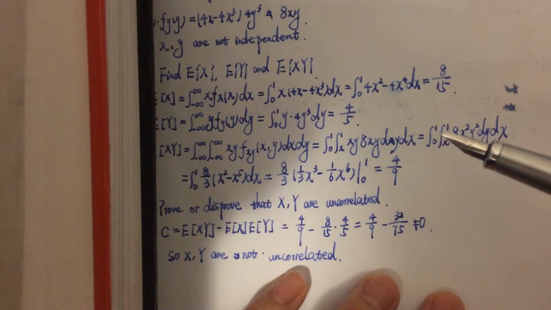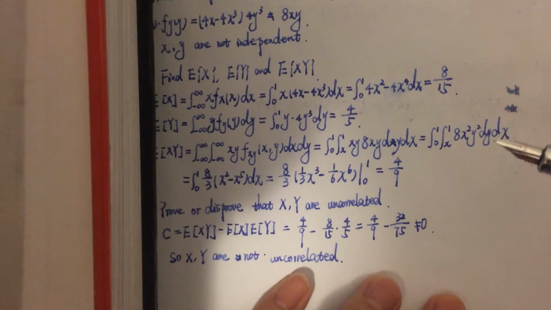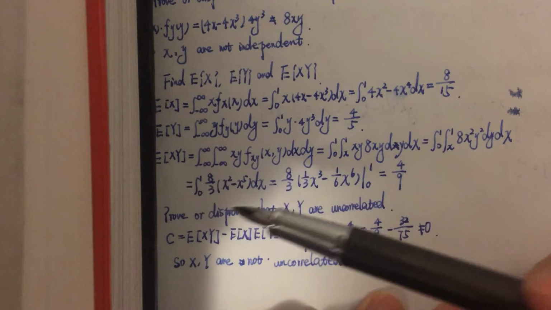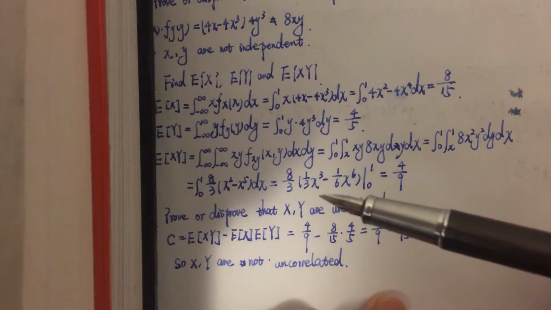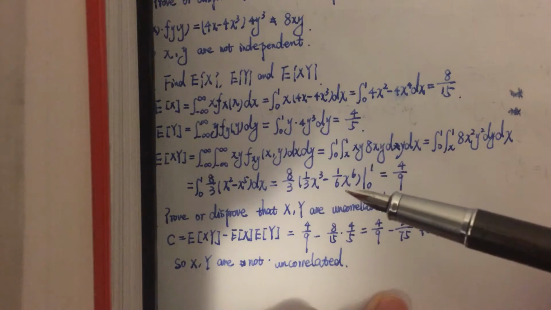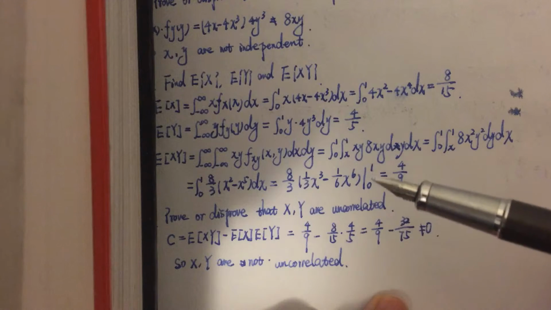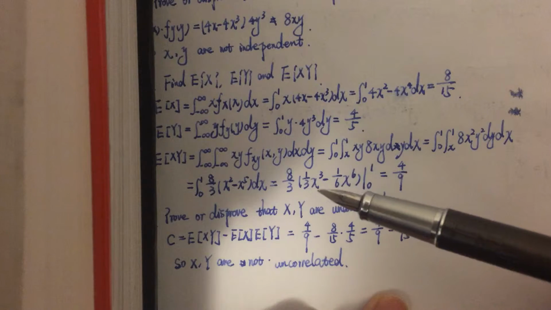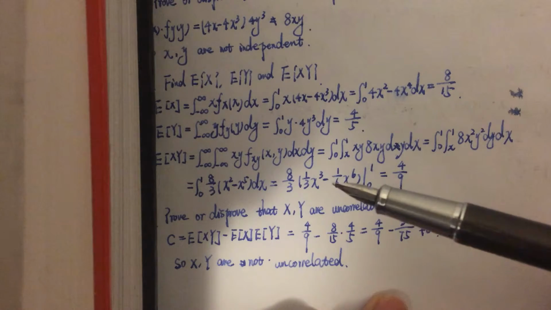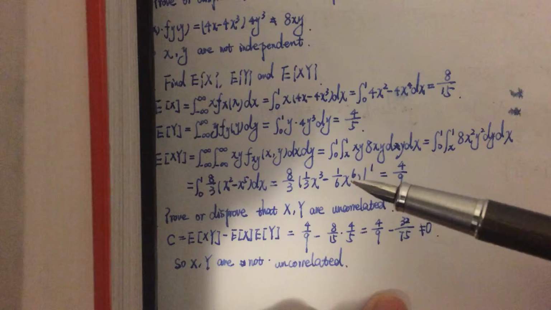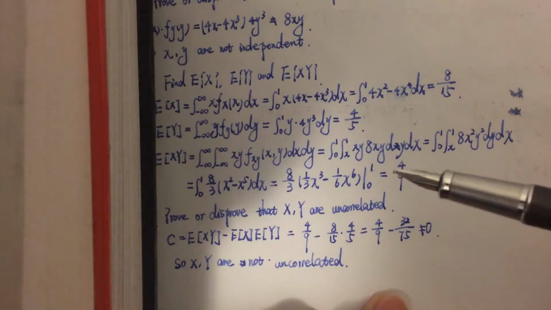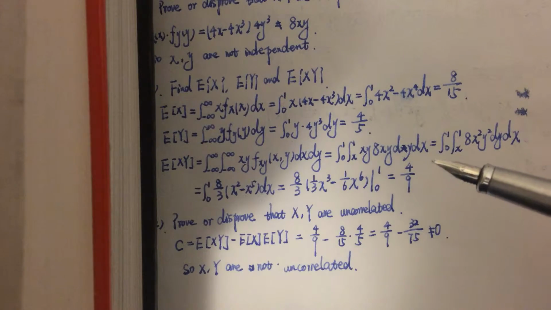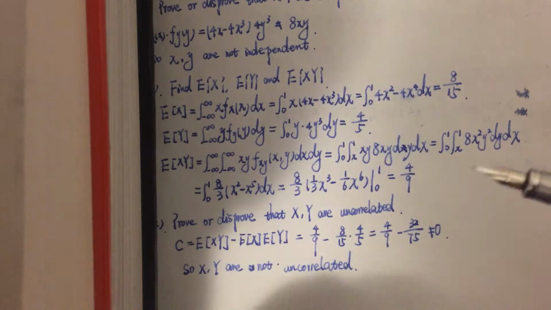After the calculation, we finally get 8 times (1/3 times x cubed minus 1/6 times x to the 6) from 0 to 1, and the final result is 4/9.